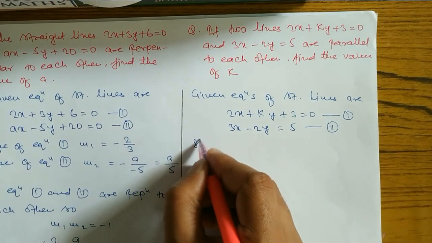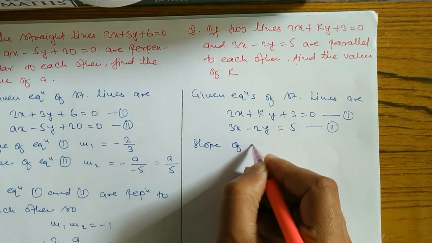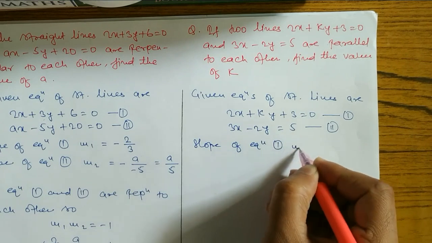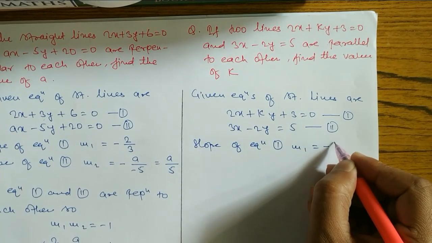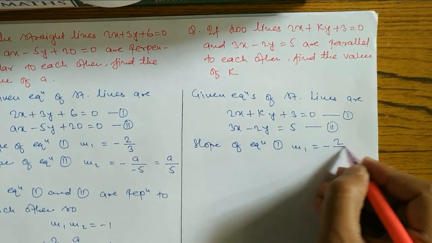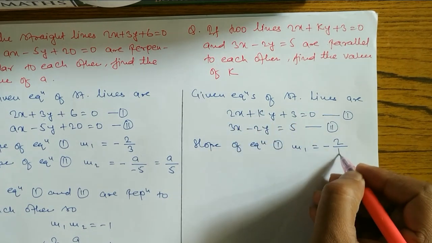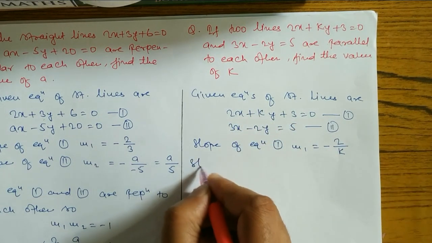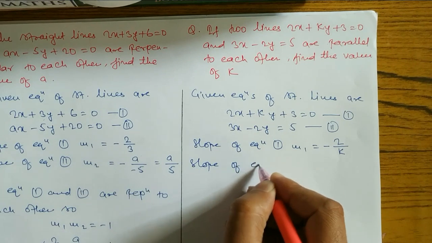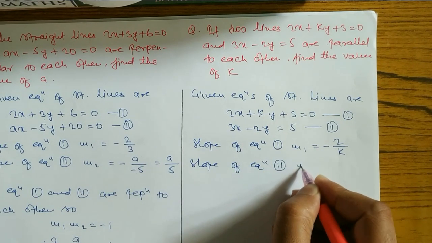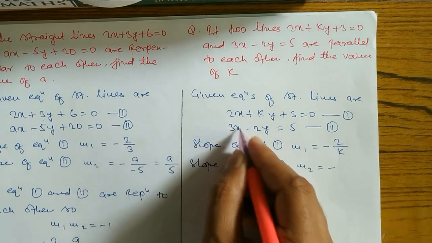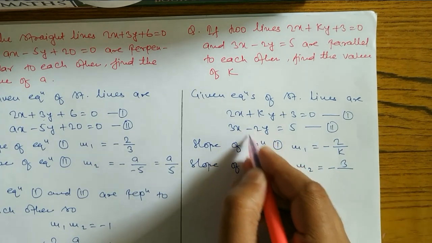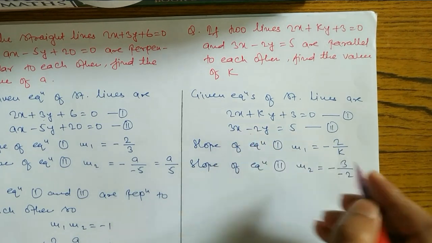Now we have to find the slope of equation 1. m1 is equal to minus coefficient of x, 2, by coefficient of y, which is k. Similarly, slope of equation 2, m2, is equal to minus coefficient of x, 3, by coefficient of y, which is minus 2. We have to take the sign also.